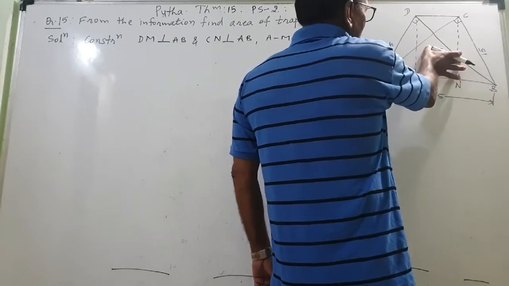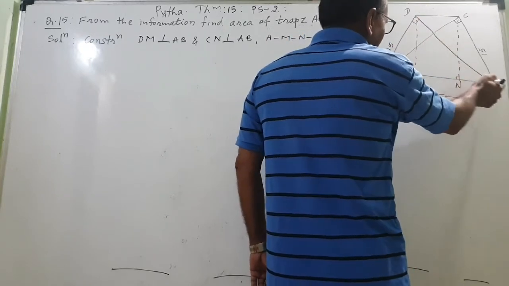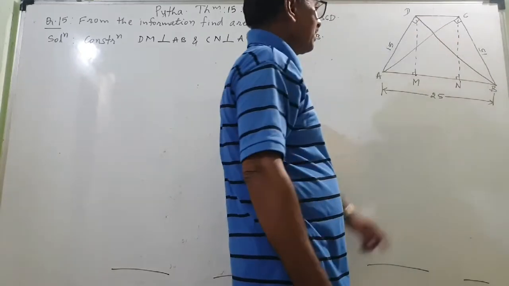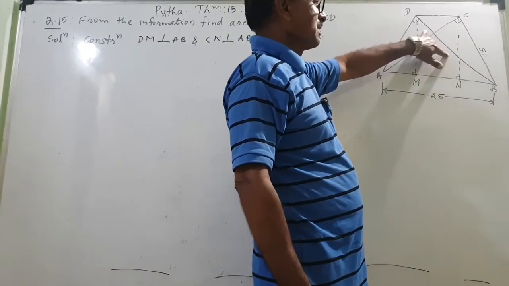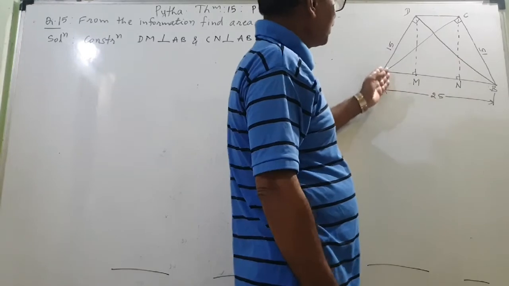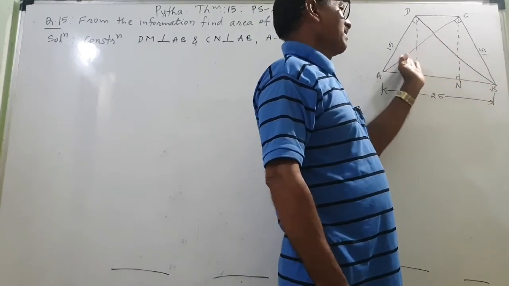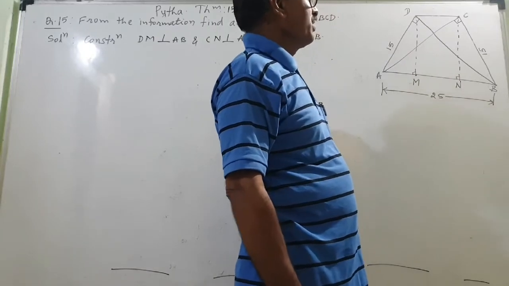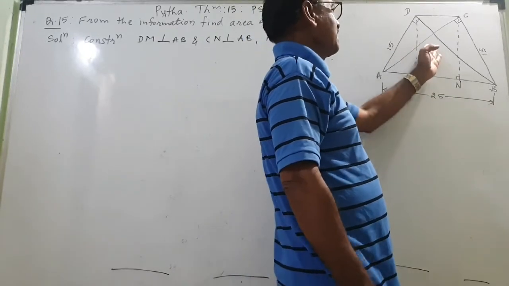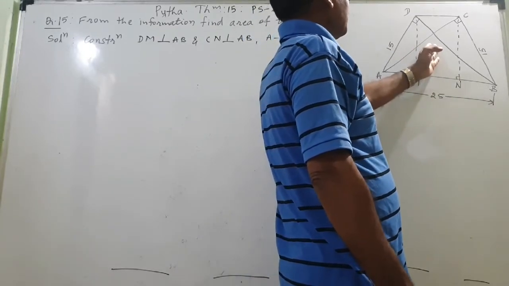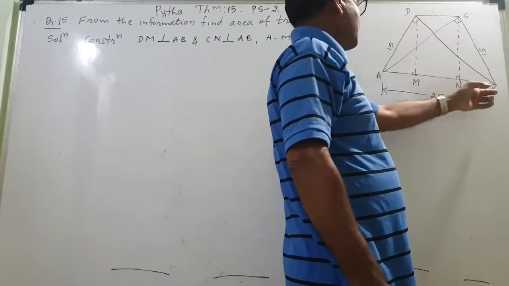So by Pythagoras, using this triangle, I can find BD. Using this triangle, I can find AC. If I find this AC, then I will find the area of this triangle.